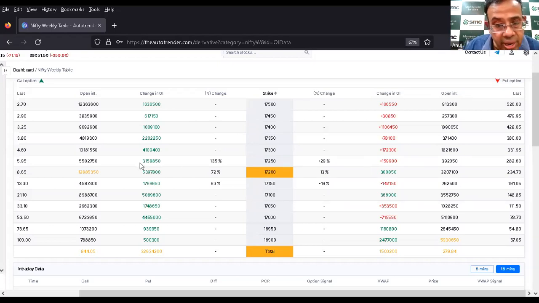Whereas you can see over here 17,250 open interest being added to the tune of 31,58,850. So this is a huge difference, right?